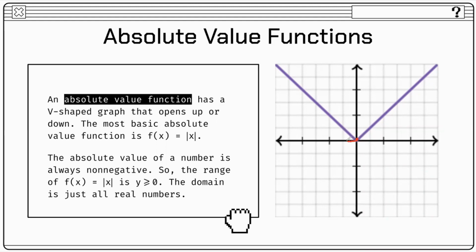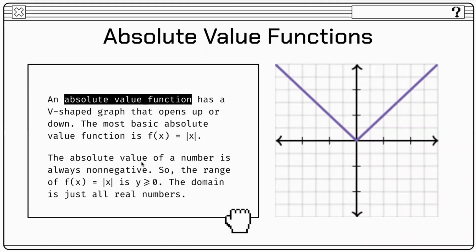So if you go 1 unit left, you're going to go 1 unit up. And if you go 1 unit right from the vertex, you're also going 1 unit up. And so you can keep continuing that. If you go 2 units left, you go 2 units up, 2 units right, you go 2 units up. And I recommend that you try to keep that basic pattern in mind, since it'll be really helpful once you start doing translations.